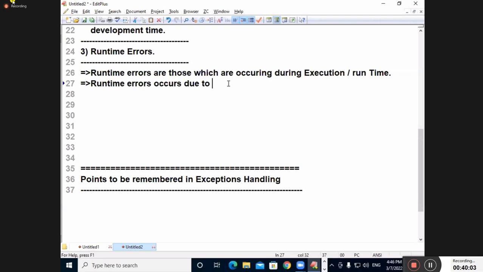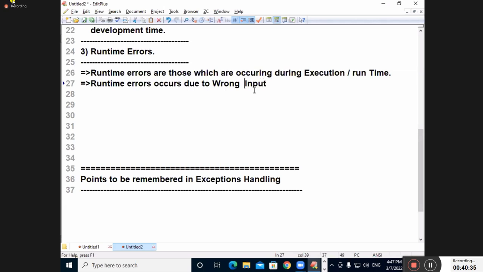All right, fine. Of course, I'm not going to blame anybody, but because of lack of knowledge, the people who trained you did not explain why runtime errors come, because I will show you in real time. This matters a lot. See students, runtime errors occur due to wrong input. Very, very important.